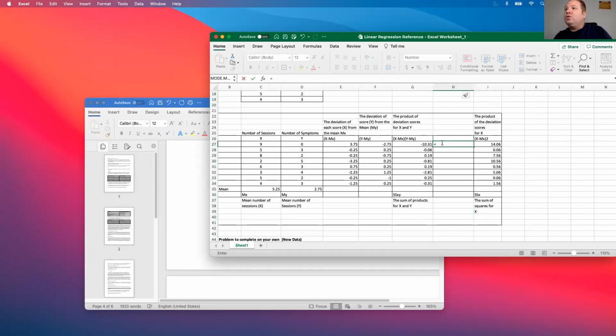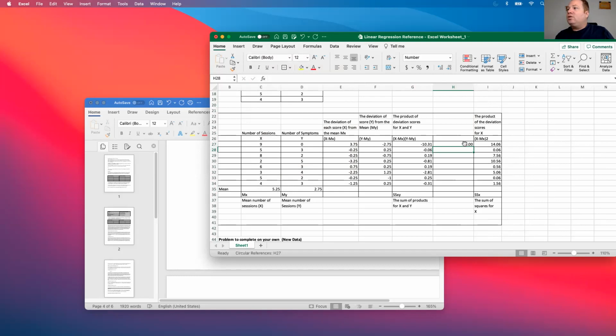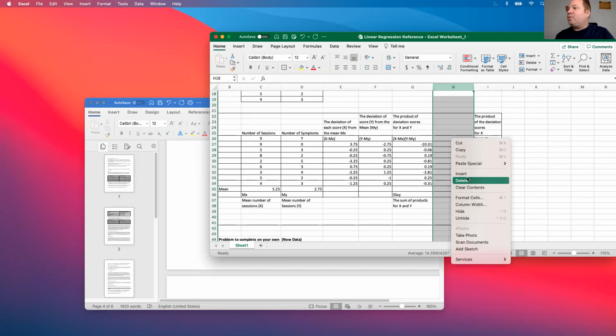What does that do? That would be H27 to the second power. No, it doesn't work. That's circular. G27 to the second power. And then if we square these, I don't think that's what it's wanting us to do, though. No, we're not doing that. We're just going to scrap that.